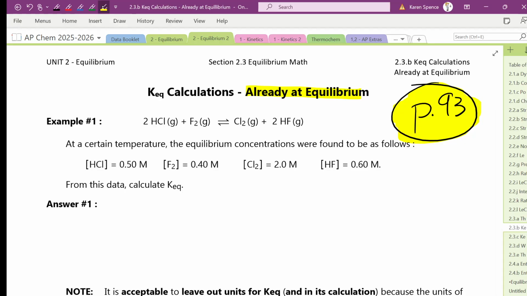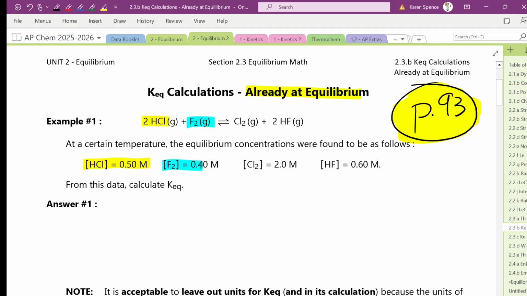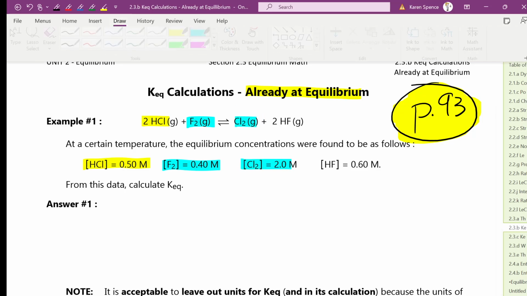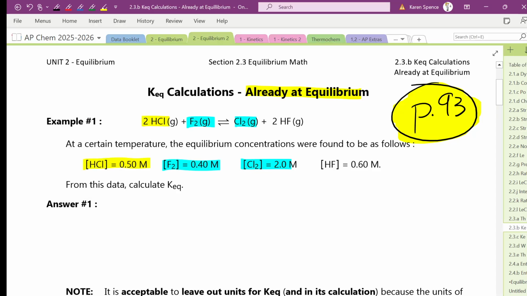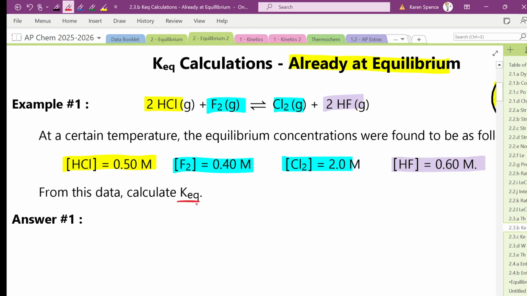We are given the concentration of HCl, the concentration of F2, the concentration of Cl2, and the concentration of HF. We are then asked to calculate the KEQ.